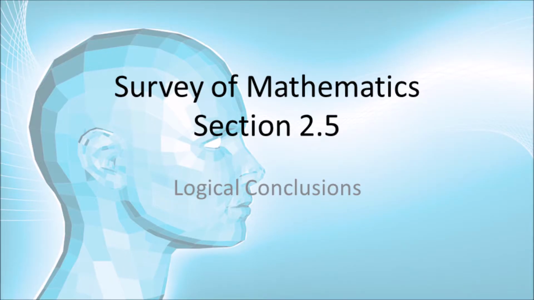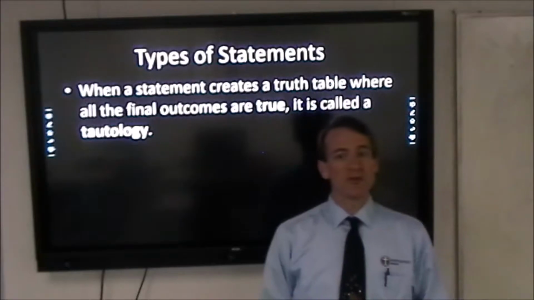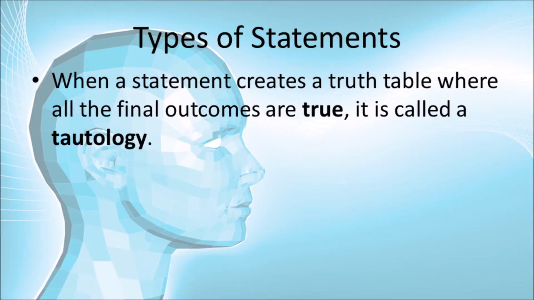Today we're going to be looking at types of statements in comparison between two types of truth tables. So when a statement creates a truth table where all the final outcomes are true, that is what is called a tautology. So in the creation of our truth table, if our final column is all truths, it's called a tautology.